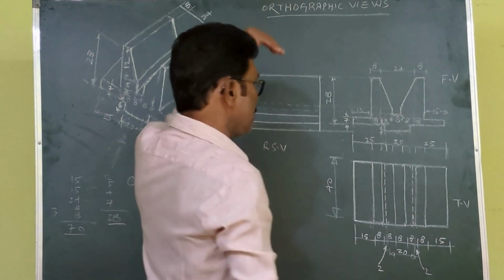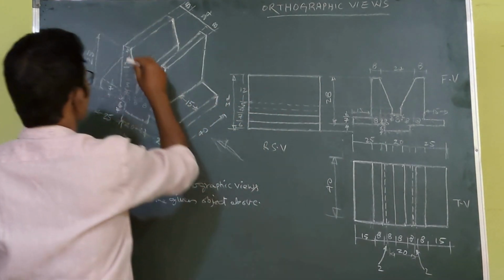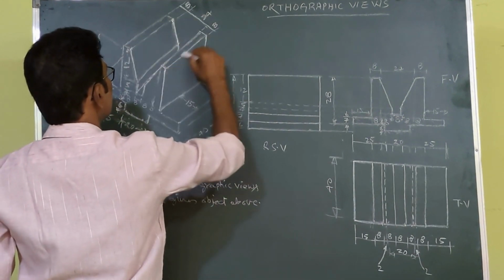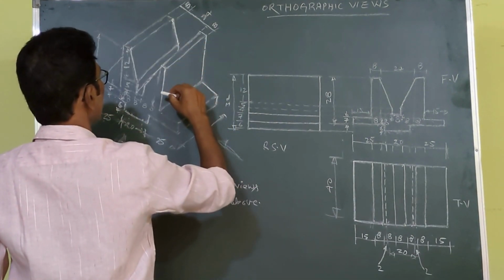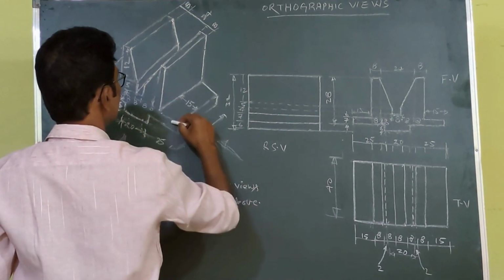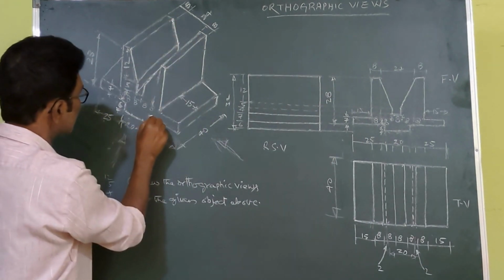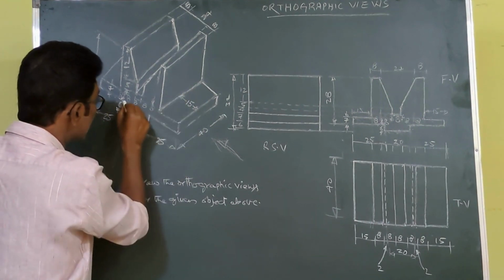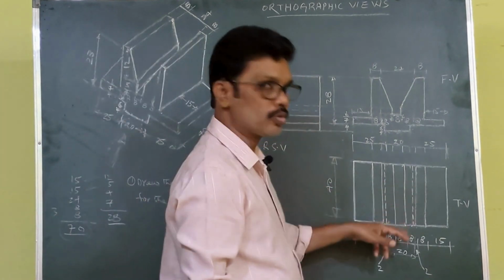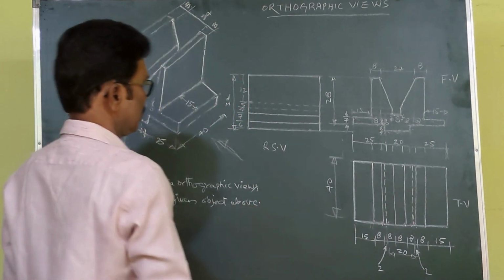When we observe the object from the top view, this line is visible, this line is visible, this line is visible. Only these projections at the bottom, the two, are not visible, so these two are shown by a dotted line. So like this we can develop the top view.